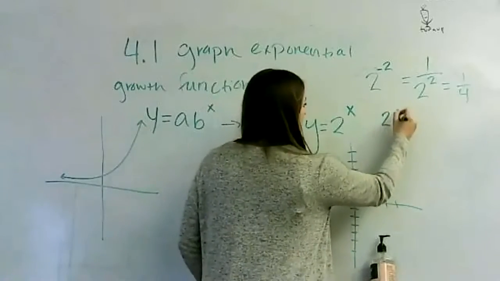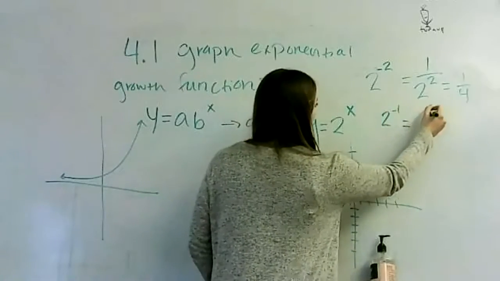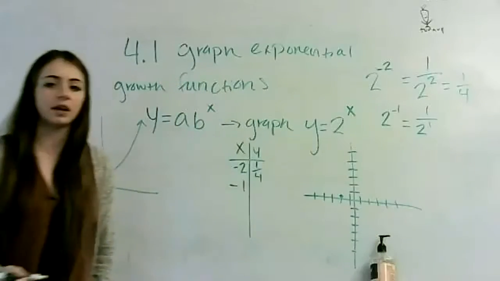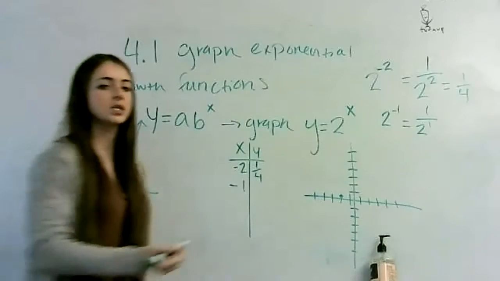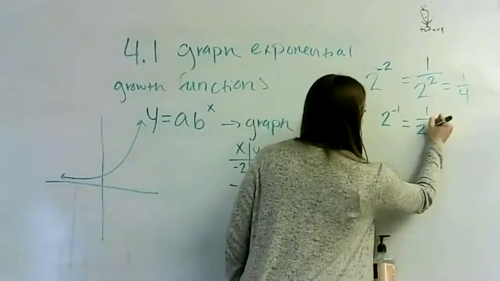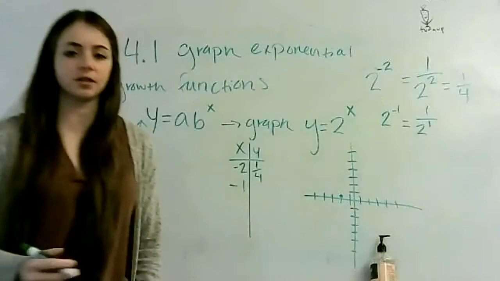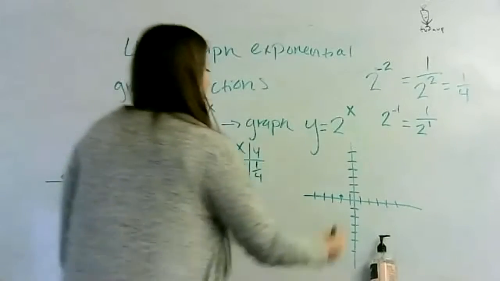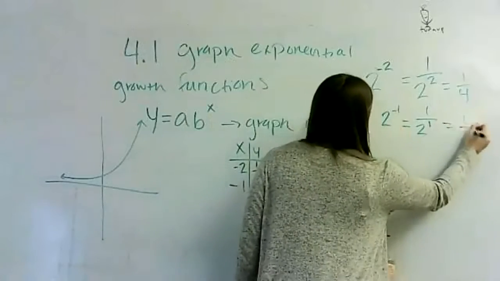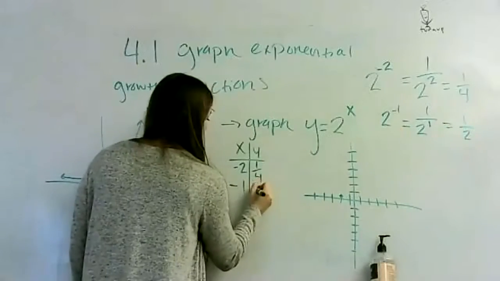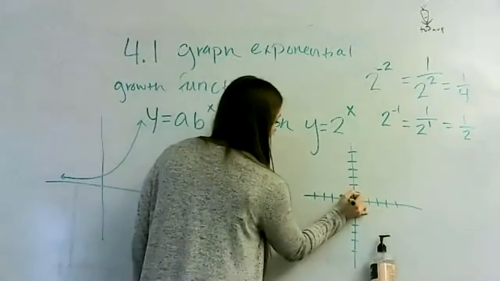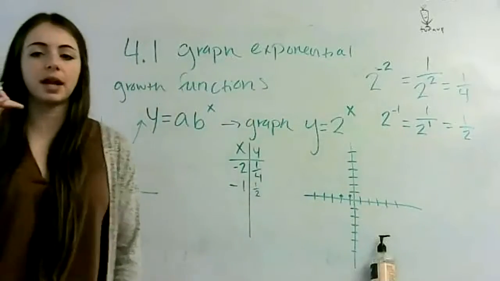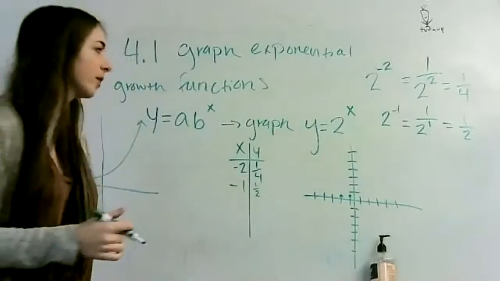So 2 to the -1, again, we drop that down to our denominator and make that exponent positive. So it's now 1 over 2 to the +1, which is just 1/2. So -1, 1/2. So we go up a tiny bit, from 1/4 to 1/2.